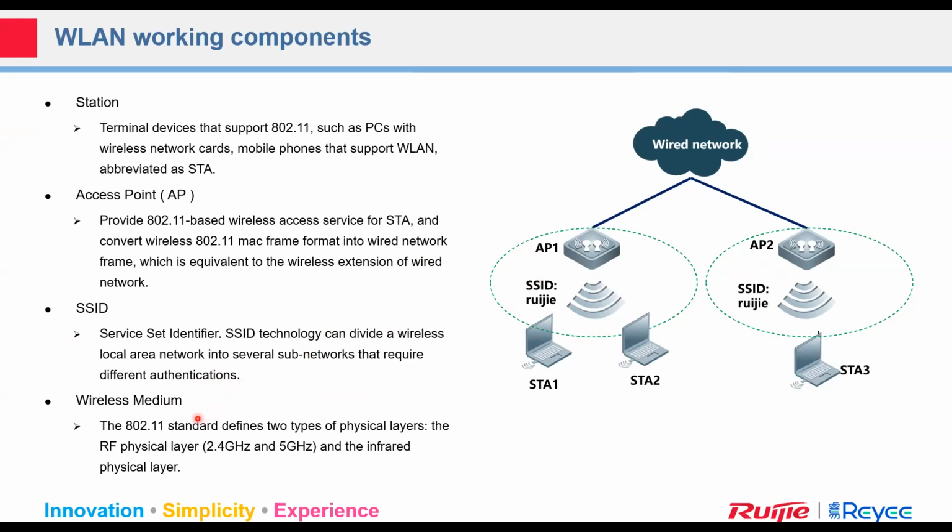A wireless medium can consist of two physical layers. In 802.11, there are two RF physical layers, which are 2.4 gigahertz and 5 gigahertz. The infrared is also a physical layer.